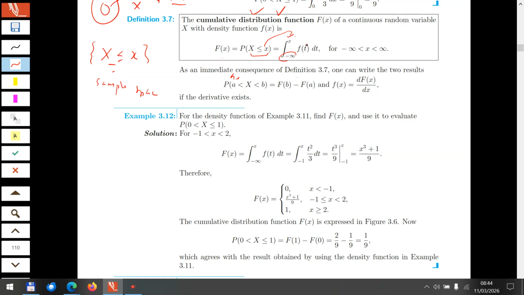If you now differentiate under the integral sign, you can recover your PDF from the CDF as a derivative, right? So you can always go from the CDF to the PDF by just differentiating the CDF.